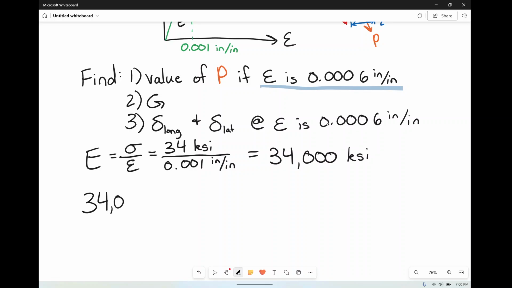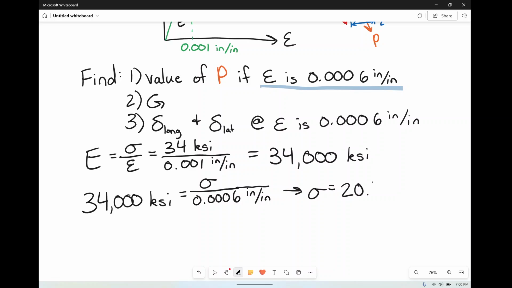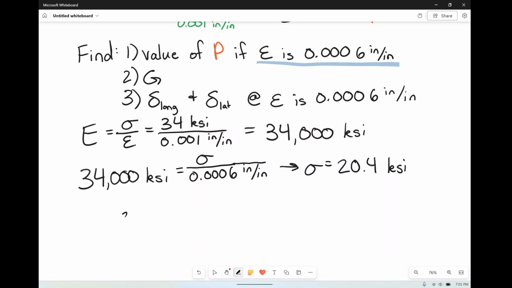So E was 34,000 KSI, and that's equal to the stress that I'm not sure about because I don't know it yet, over the strain value that they gave us of 0.0006 inches per inch. So we're going to get a stress value from this of 20.4 KSI. Okay, that's really nice, and we know, of course, that stress is very simply just the load over the area.